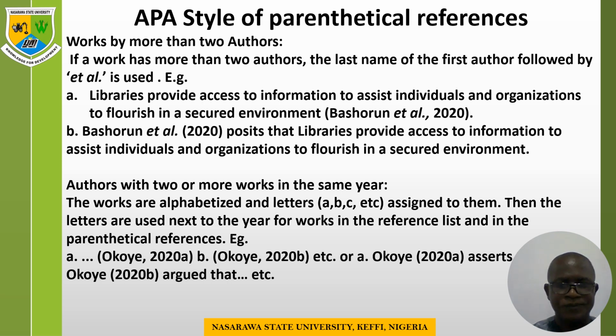For example, libraries provide access to information to assist individuals and organizations to flourish in a secured environment. Then you quote Bashroom et al. in italic form, followed by comma, then the year in bracket.